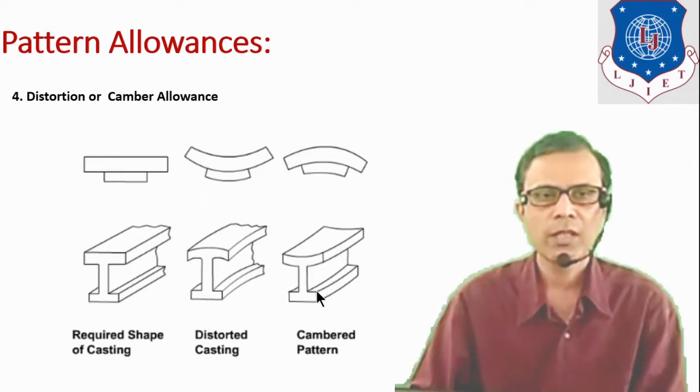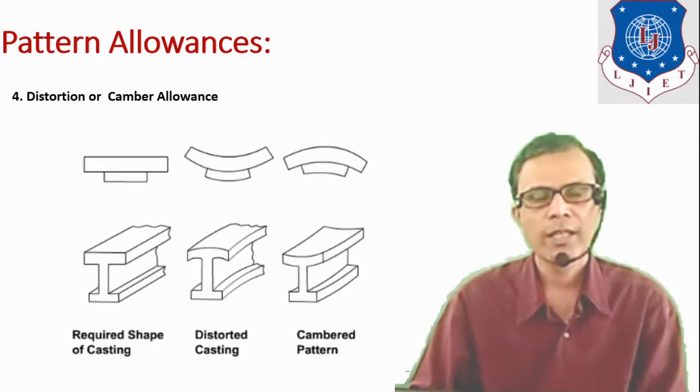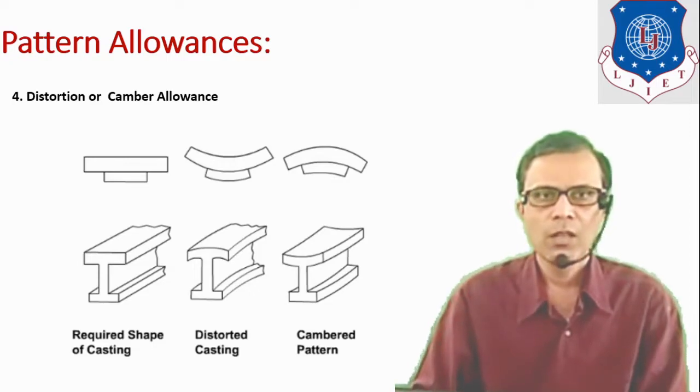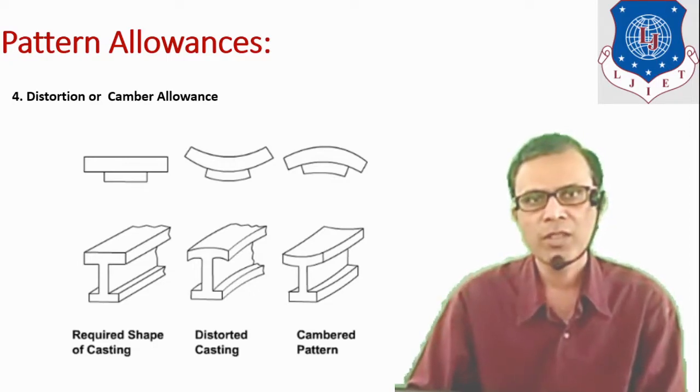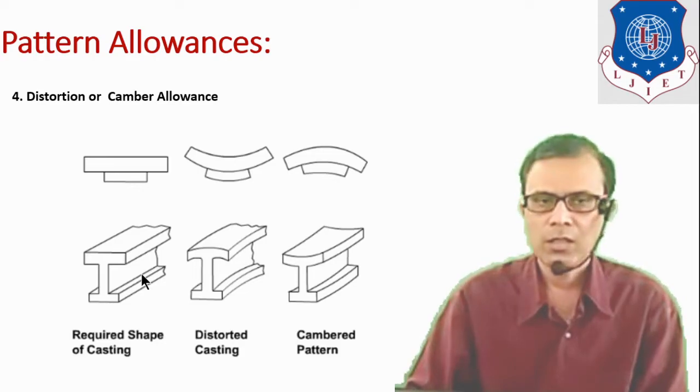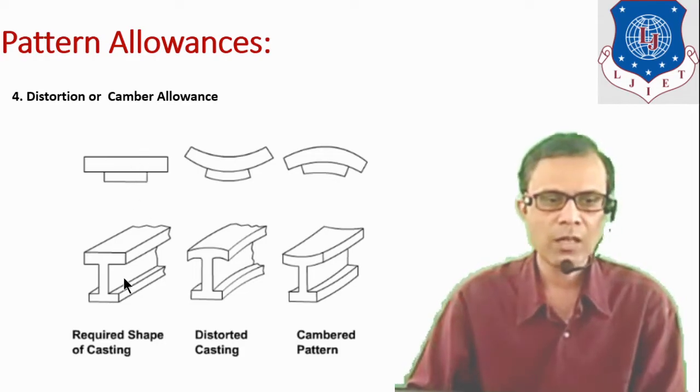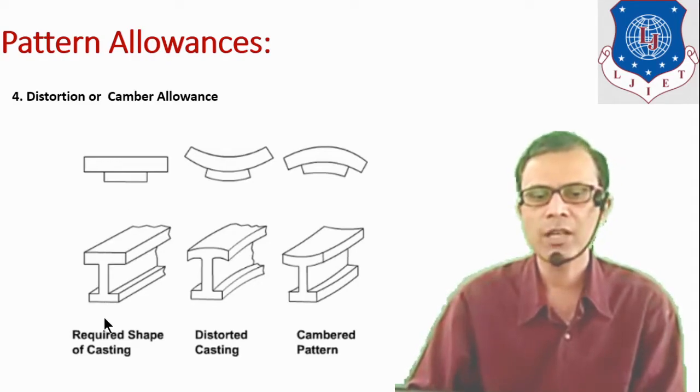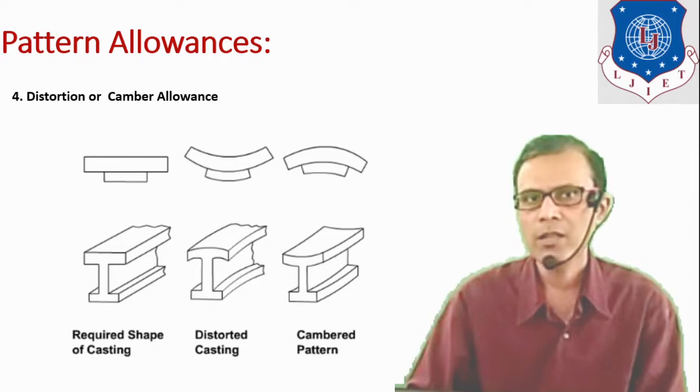Next allowance is distortion allowance or camber allowance. It is shown with an example. Two examples are shown here. The first diagram shows the required shape of the casting. The second diagram shows distortion of the casting, and the third diagram shows the cambered pattern.